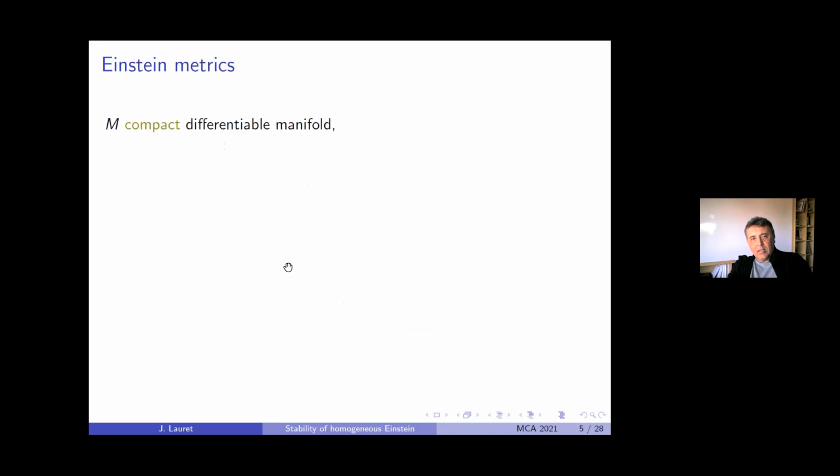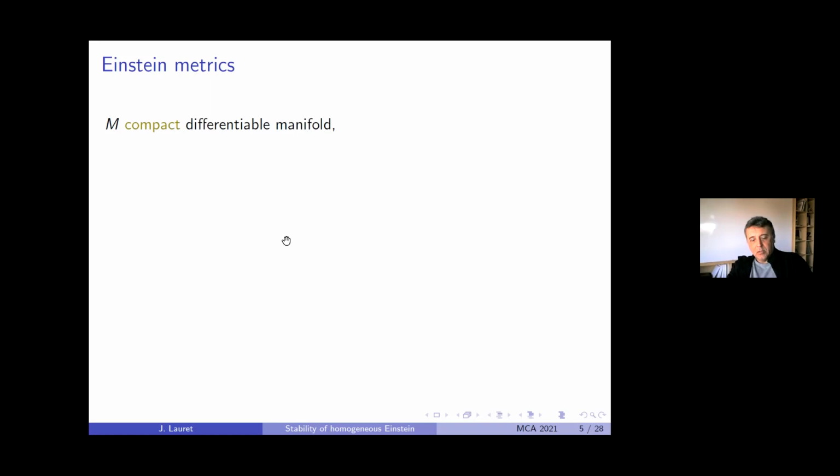Well, there is a classical book called Einstein Manifolds, which is like 800 pages dedicated completely to Einstein metrics, in a way to try to propose Einstein metrics as very nice metrics on M.